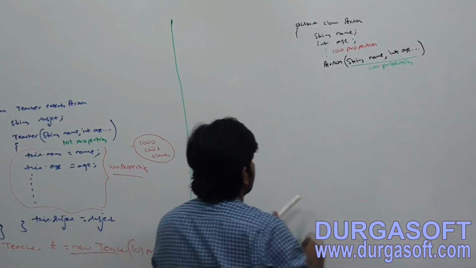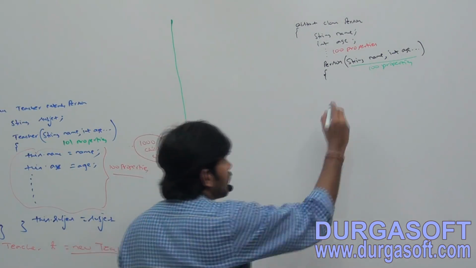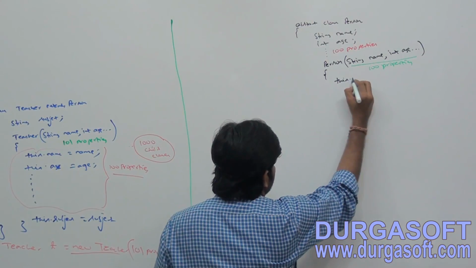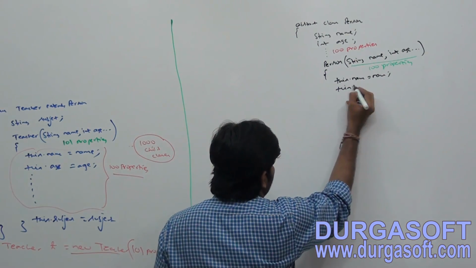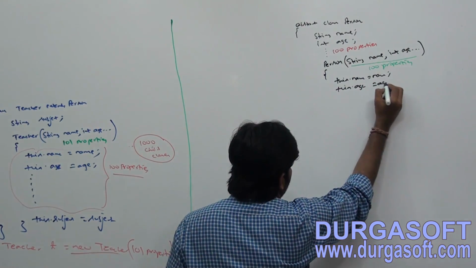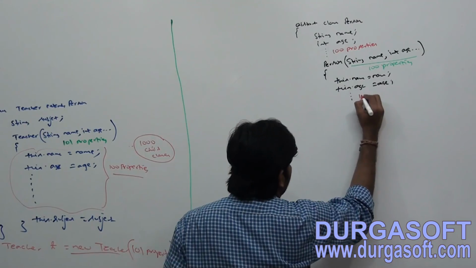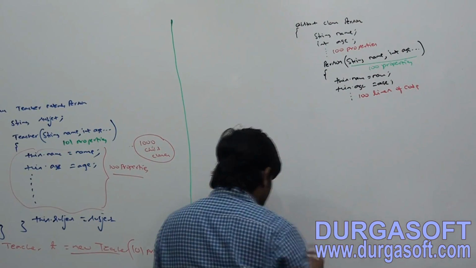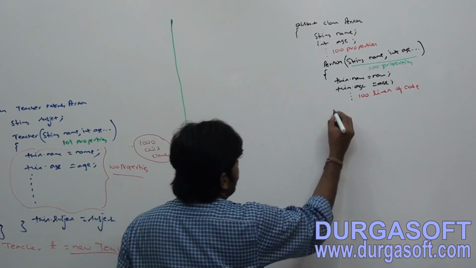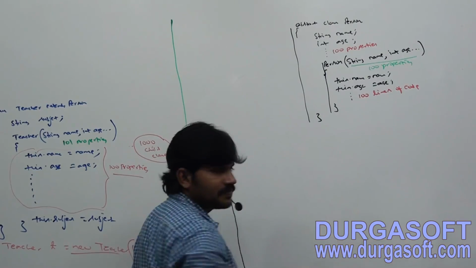Now here just observe, within that what I have to take? this.name is equal to name, this.age is equal to age, and so on. How many lines of code are there? 100 lines of code. End of the Person constructor, end of the Person class.